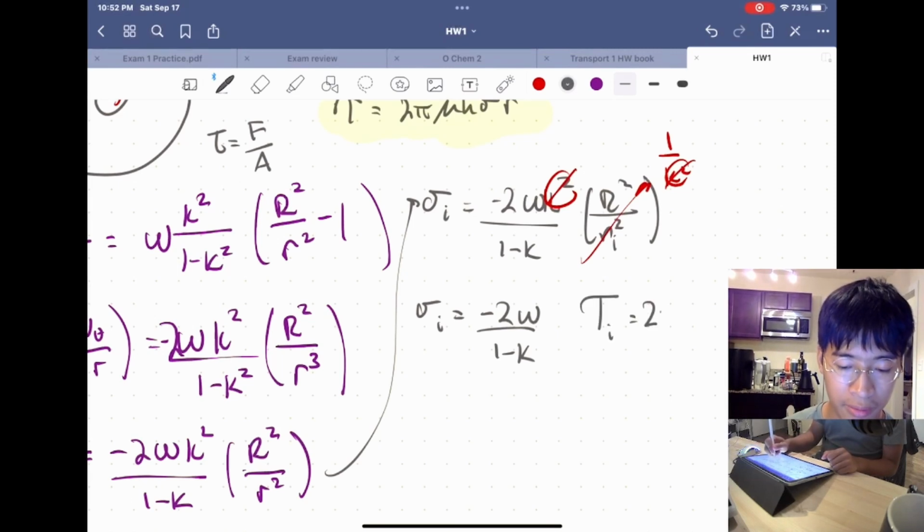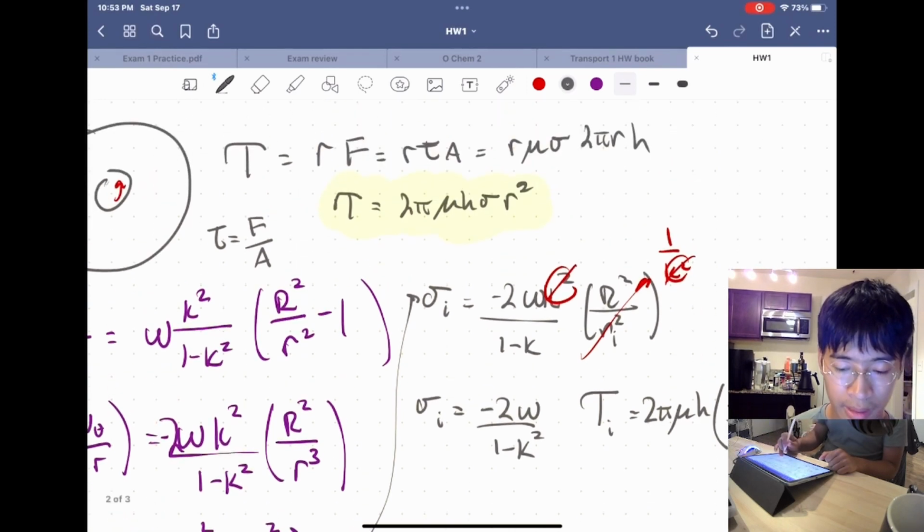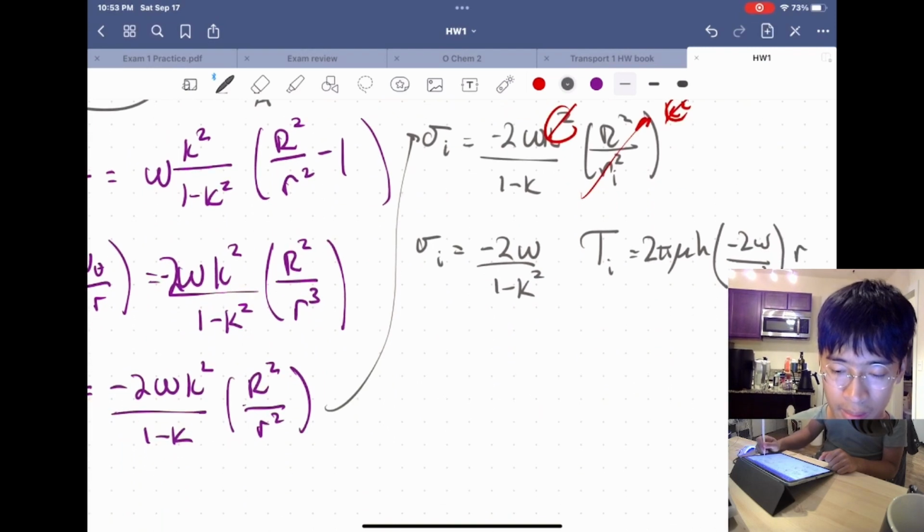Torque at the inner radius is equal to 2 pi viscosity times height, times negative 2 omega over 1 minus k. Actually, for simplicity's sake, let's keep things here and we'll simplify later. Oh, this should be squared: 1 minus k squared, times r_i squared.